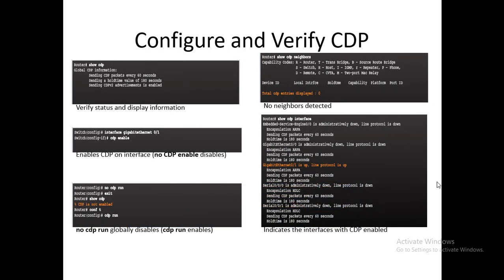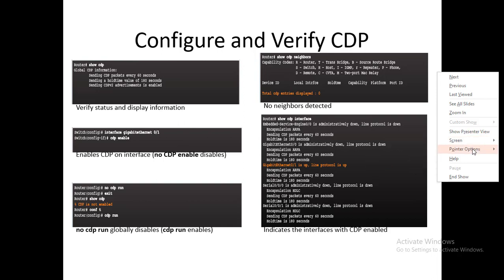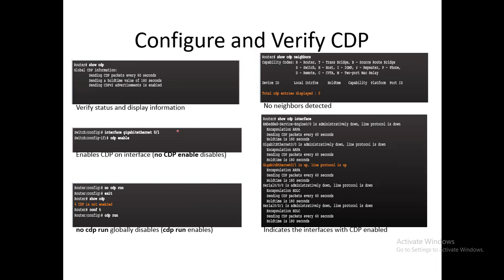This is the configuration and verification process for the CDP. In the first diagram you can see, let me highlight it for you, the verification status and display information. So using the command show CDP, it will display the status as well as the information about the ongoing scenario.